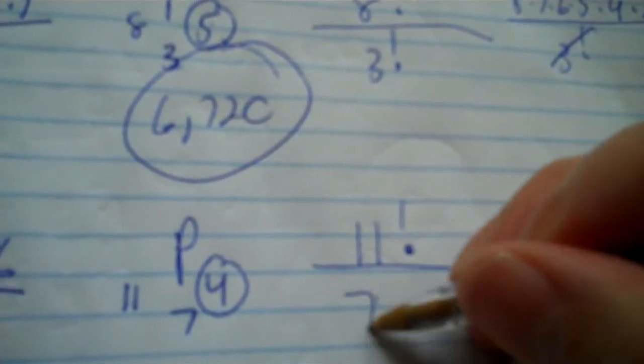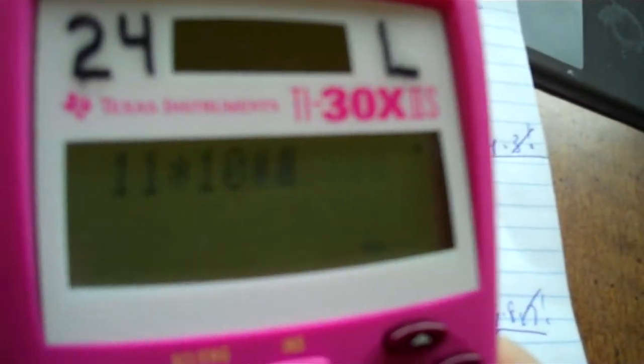You don't want to count those. So what you do is you put them on the bottom so they get canceled out. Sevens cancel. And I just take 11 times 10 times 9 times 8. I don't really need to divide ever. 7,920.